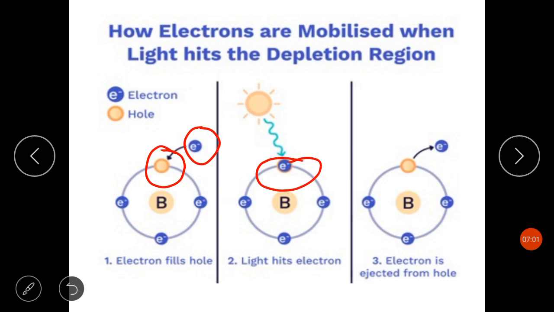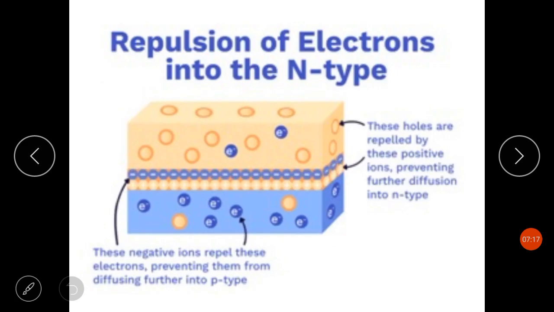Now once the photons strike the electrons that have filled the holes in the P side of the depletion region, after gaining energy, the electron will leave the hole it had filled.